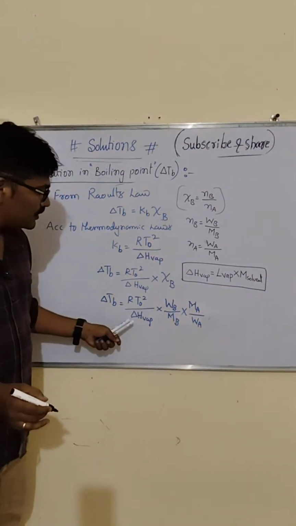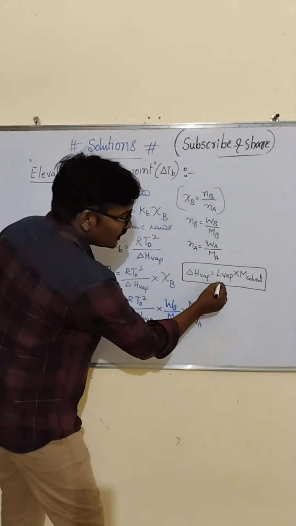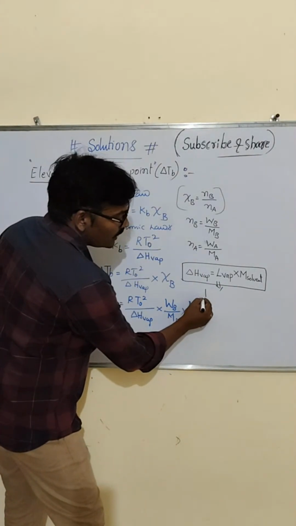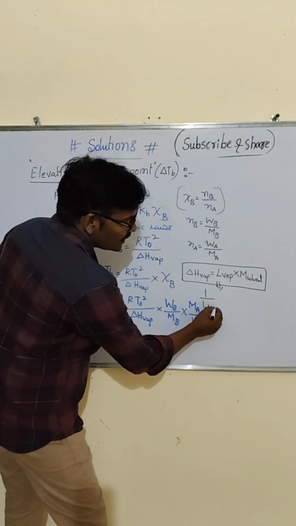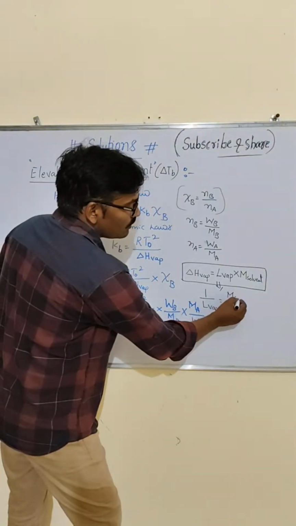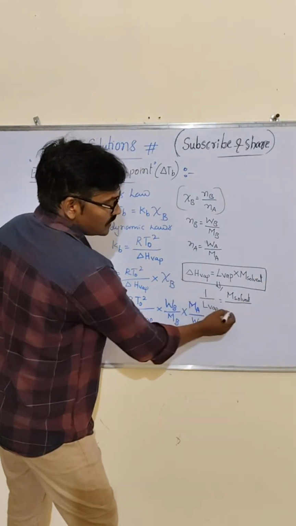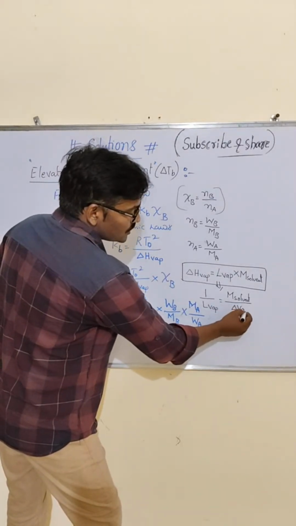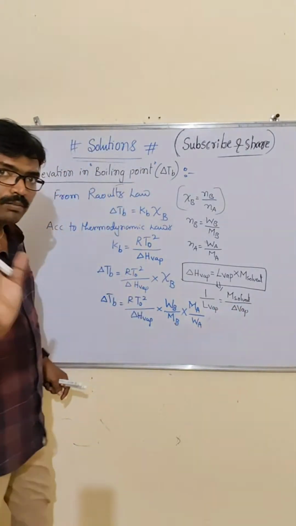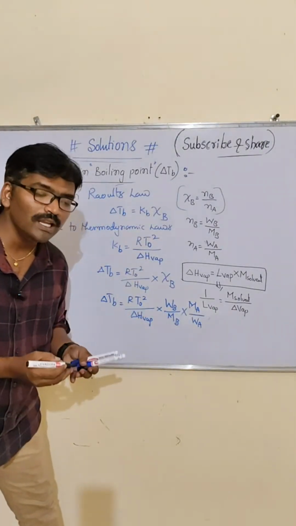So in the place of enthalpy of vaporization, we can get 1 divided by latent heat of vaporization equals the molar mass of solvent divided by the enthalpy of vaporization. Remember, my dear students, the molar mass of solvent is MA only.